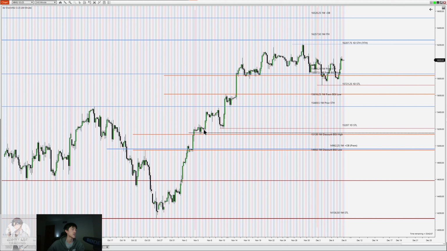we have still seen higher highs, higher lows, higher highs, higher lows, and so on, then a lower high, higher lows, higher high, even higher lows. And now we've started to see consolidation break down, lower high, lower low, lower high, lower low, higher high, higher low.